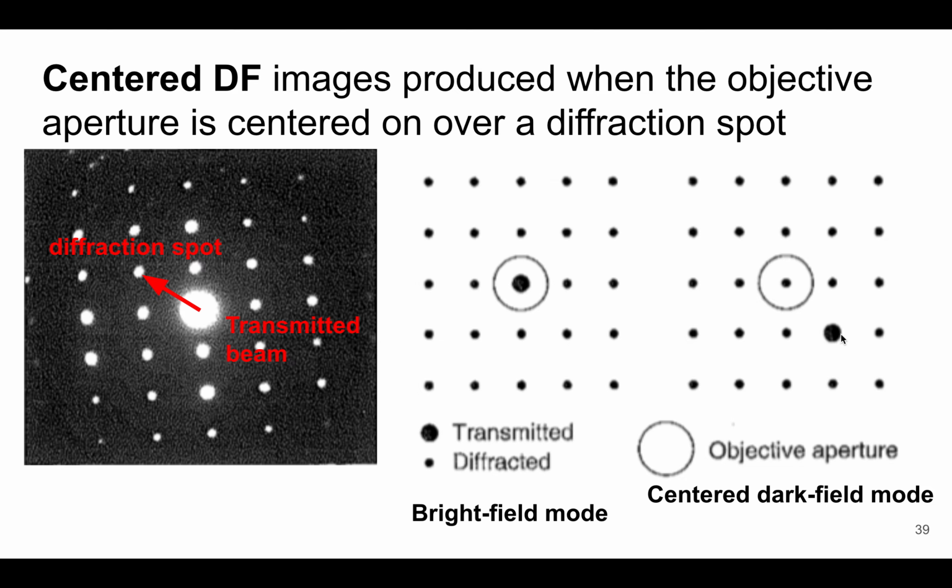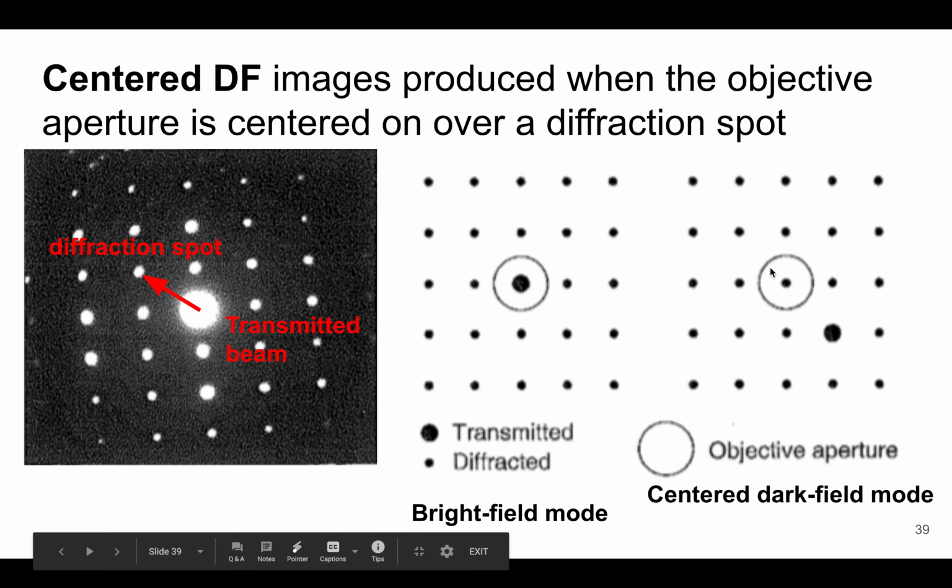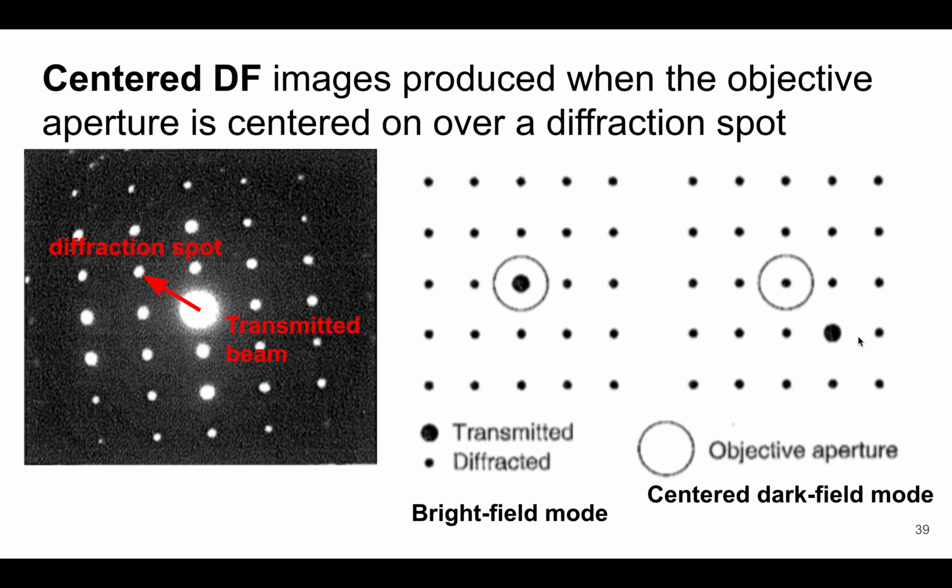This bright spot is still the transmitted beam, but now we're aligning the objective aperture over one of these diffracted beams. So everything else, all these other diffracted spots, will not go through. The transmitted beam will not go through this objective aperture, only this diffracted intensity. And so it's tied to a particular diffraction spot.